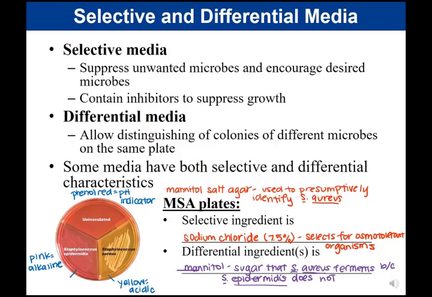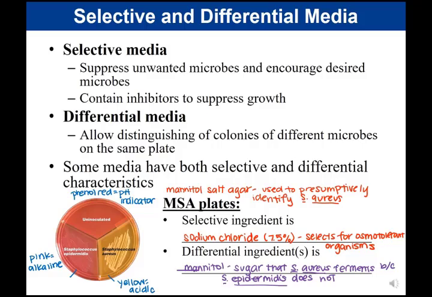And if we were to do this in class, you could test your nasal swab and you could see if you were a carrier of Staph aureus. You would swab it on an MSA plate, and you would come back 48 hours later and look at your plate. If the colonies that grew turned the agar yellow, then you would have presumptive positive for Staph aureus.